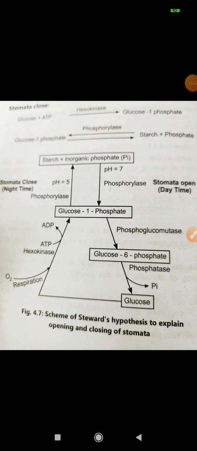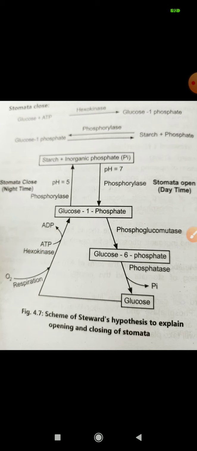Now we will see some of the hypotheses put forth by different scientists to explain the mechanism of opening and closing of stomata. Basically, we have seen conversion of starch into glucose up to glucose 1 phosphate. Accordingly, how stomata open and close, that we have seen in the general mechanism.